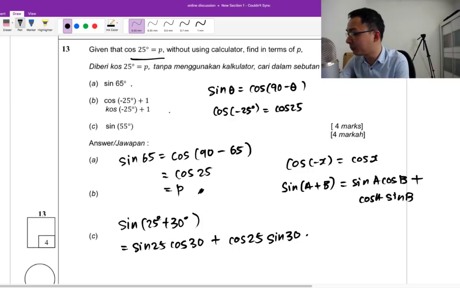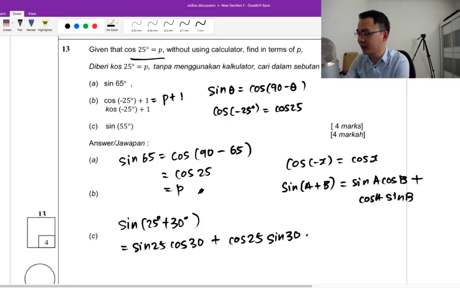Just now the B actually has the plus 1, I didn't see the plus 1 over there. So for the B here, because cos negative 25 equals cos 25, this is P plus 1.